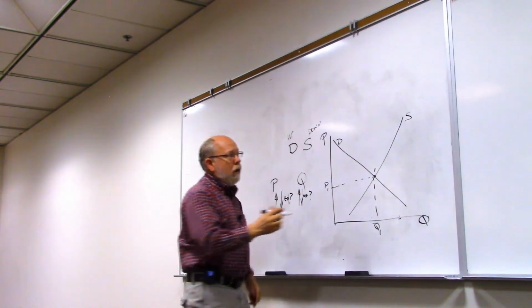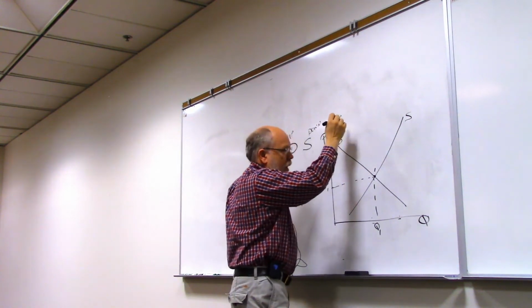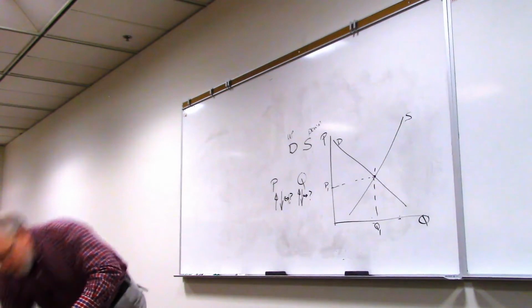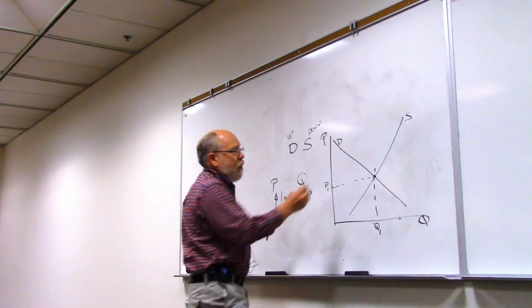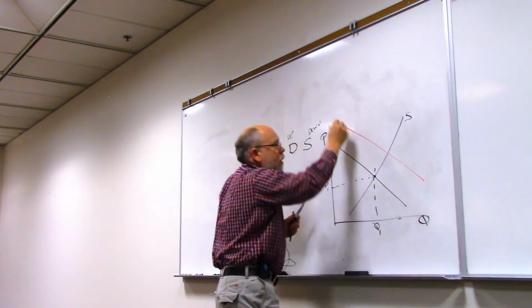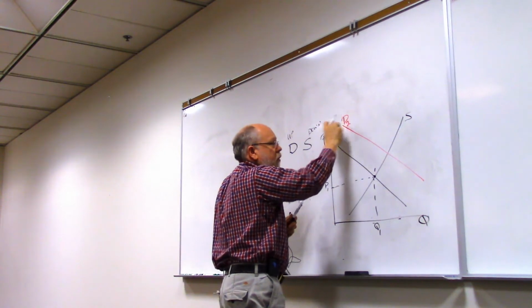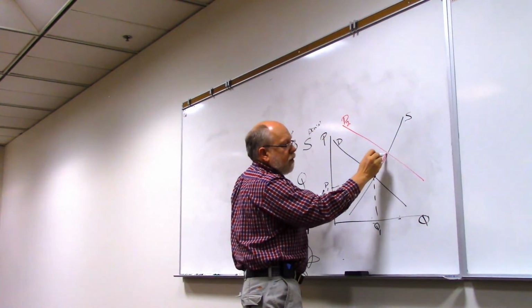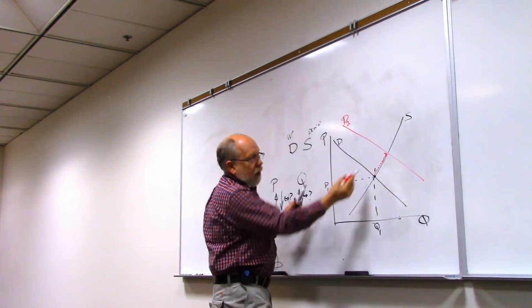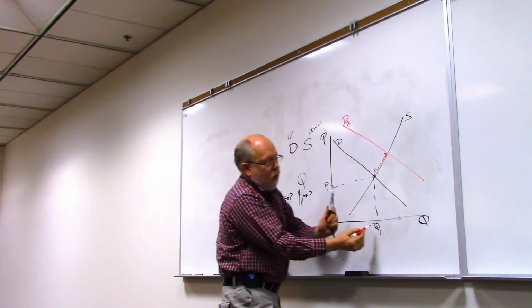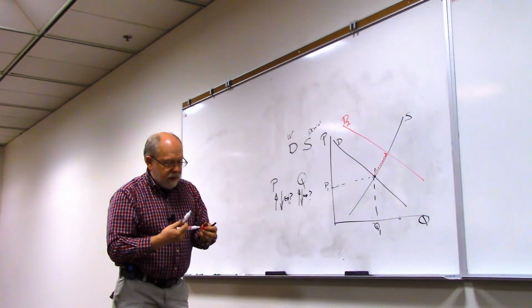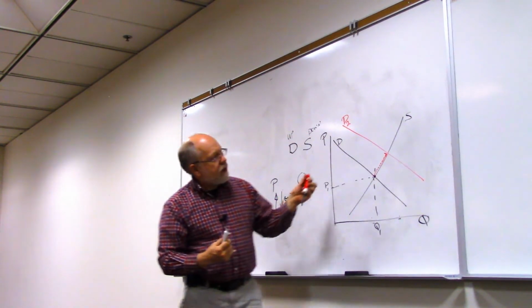But what we do know is, wherever it goes, I'll put, where's my red? Here's my red. Okay. We do know that when we go from D to D2, the tendency will be for the price to come up to a new level and the quantity to go up to a new level. That will be the tendency of an increase in demand.